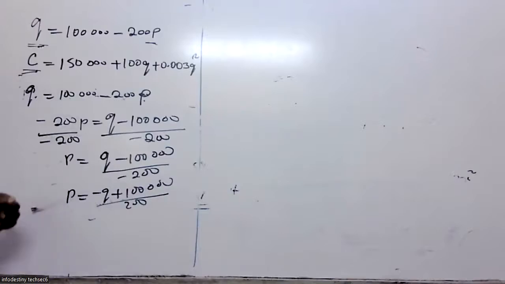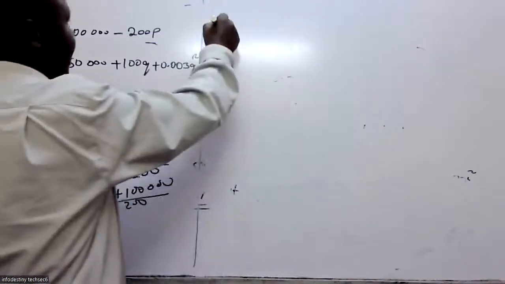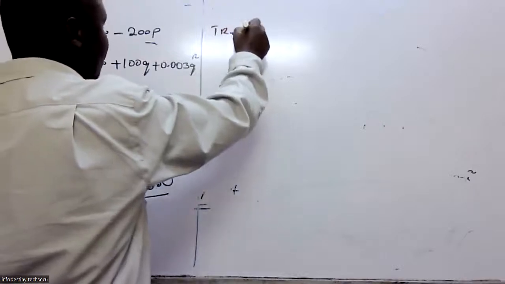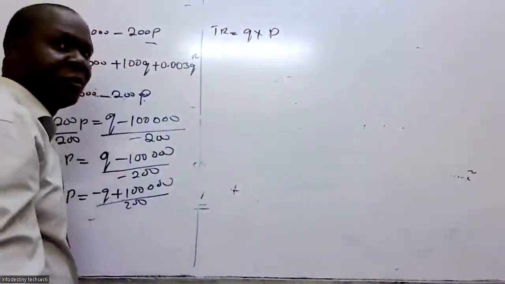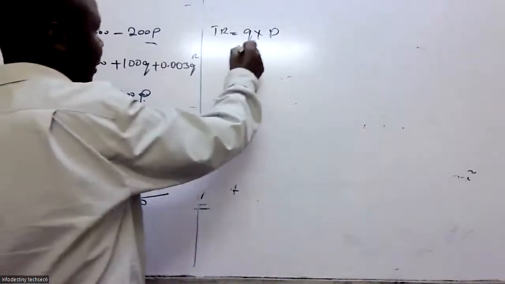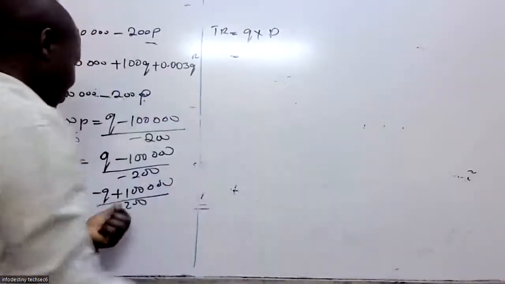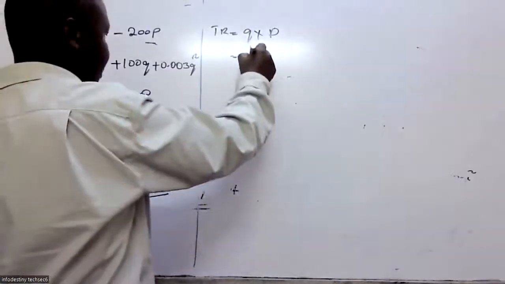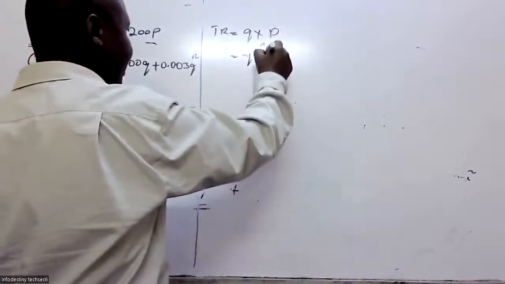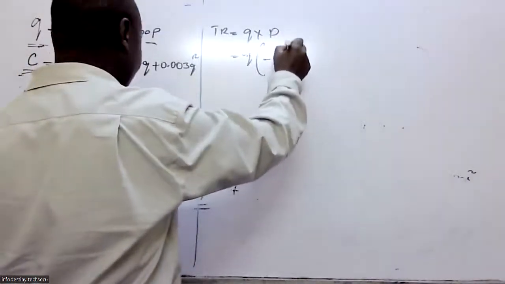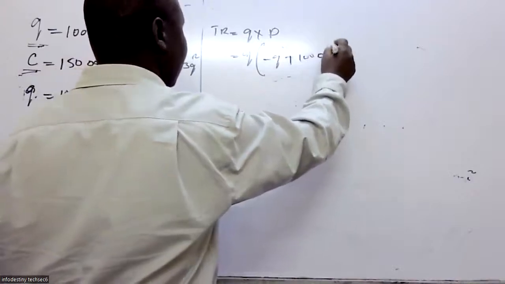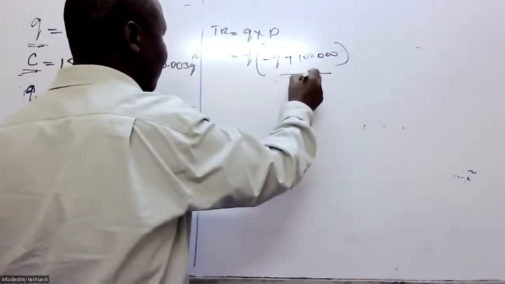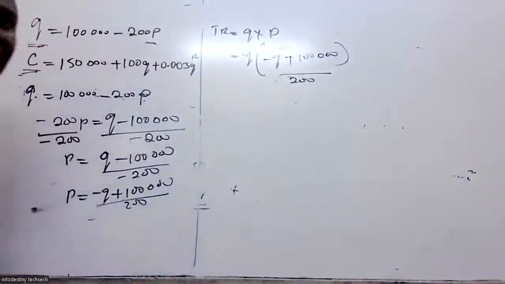So after getting the price per unit, we get the total revenue by saying TR will be equal to Q multiplied by the price, and the price is this one. So it's Q into bracket minus Q squared plus 100 divided by 200.